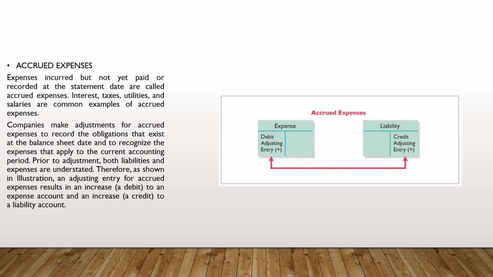A company makes adjustments for accrued expenses to record obligations that exist at the balance sheet date and to recognize the expense that applies to the current accounting period. So prior to adjustment, both liabilities and expenses are understated. Therefore, as shown in the illustration, an adjusting entry for accrued expenses results in an increase (a debit) to an expense account and an increase (a credit) to a liability account.